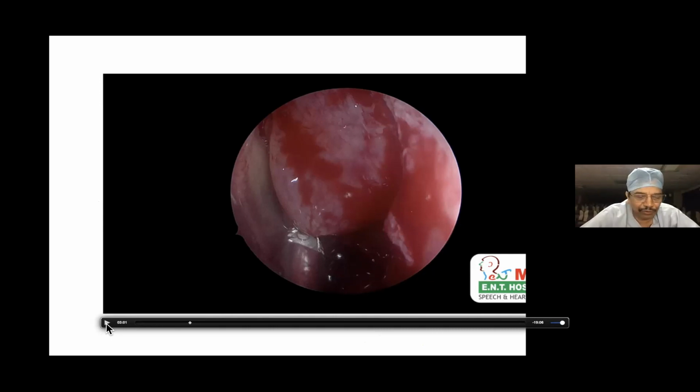Unfortunately, in this patient, we don't have a very good preparation. So there is more bleeding. So if I do the frontal recess work now, there will be some ooze, trickling, and that trickle is going to disturb me.